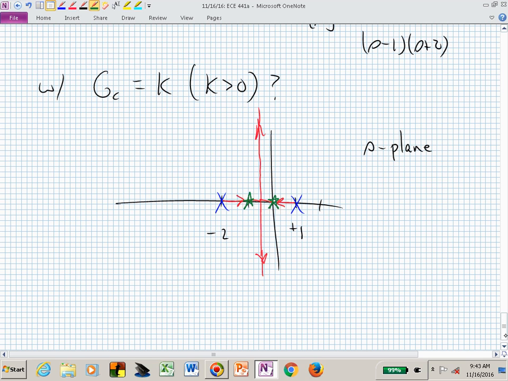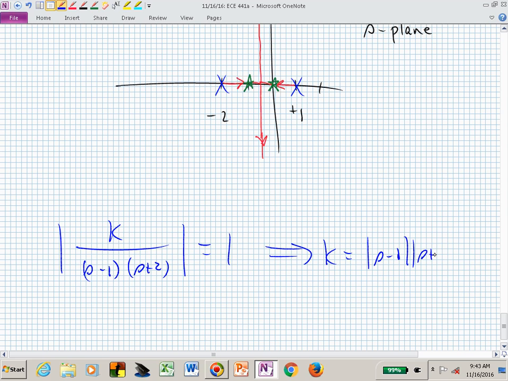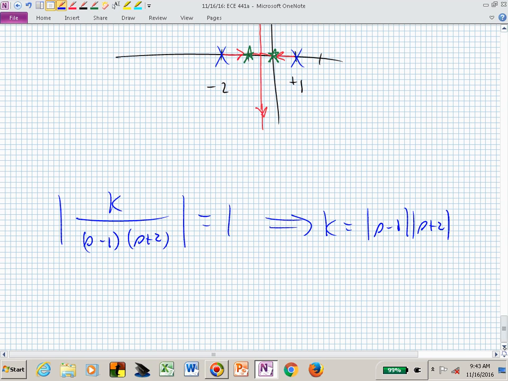And now the magnitude condition is going to be true, and we had K, and we have now S minus 1 and S plus 2. Did we have a gain anywhere in the numerator? No. And that's going to be 1. So that now we have K is equal to (S minus 1)(S plus 2), and a lower bound for stability.